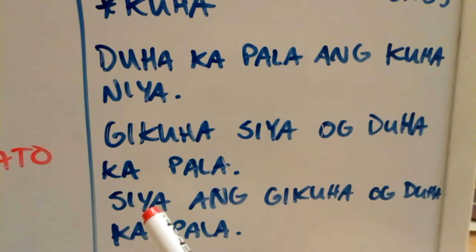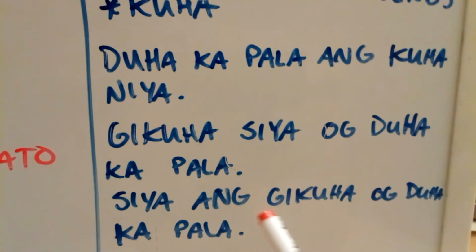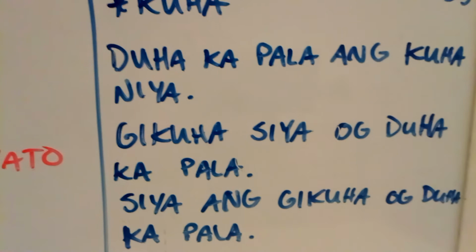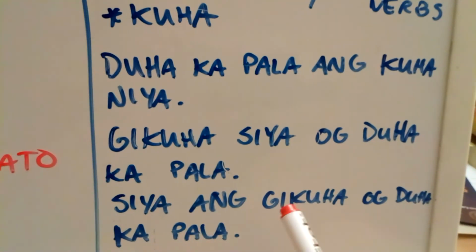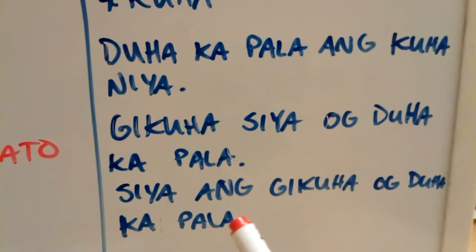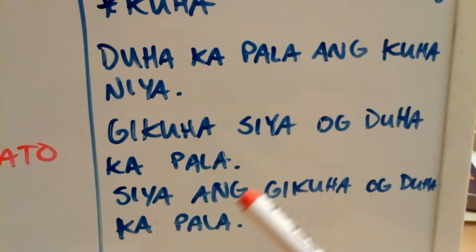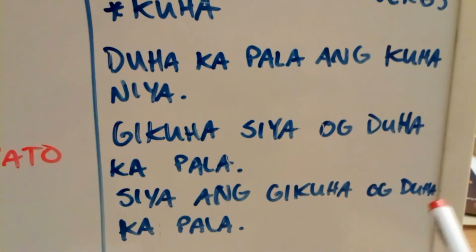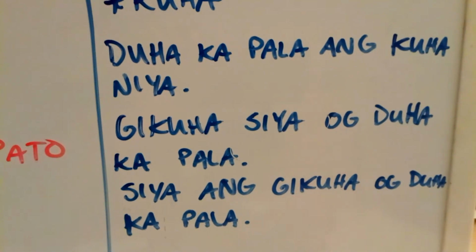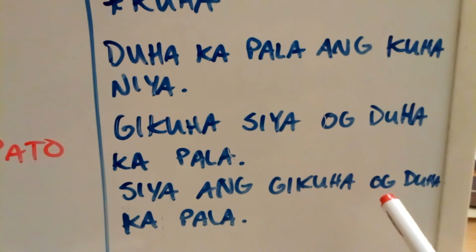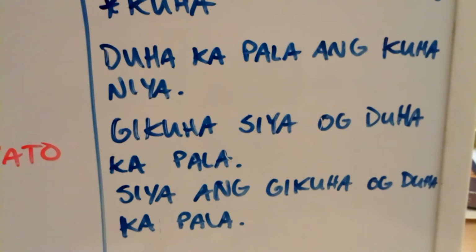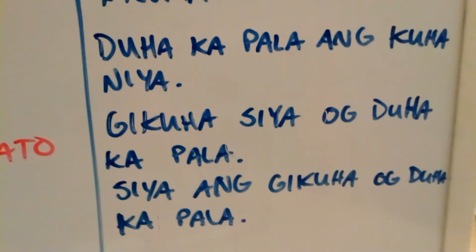Siya is still in the absolutive case. Ang gikuha is now also in the absolutive, because we're focusing on what he was doing. He was doing the taking. So that's our main absolutive focus. We didn't really care much about what the object was, that's why we just mark it with og. But we know that he was the one doing the taking of the two shovels.